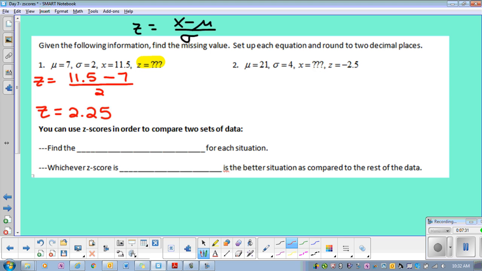Number 2, though, they want you to find x. All right, let's plug this in. So z equals, negative 2.5 equals x minus mu over 4. In order to solve for x, you have to multiply by the 4.